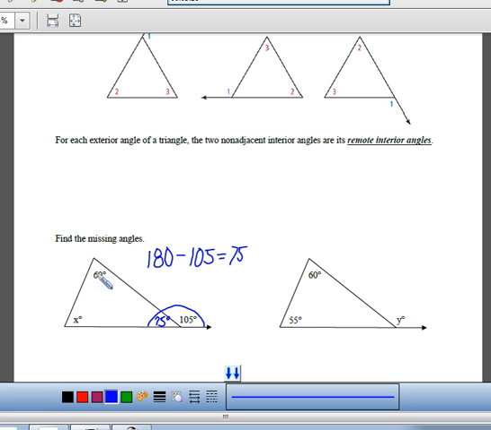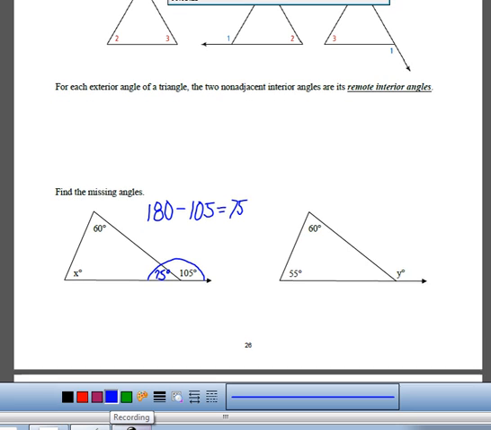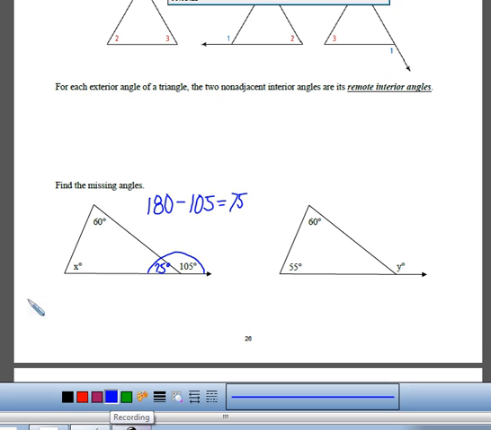So now I have 2 out of the 3 angles that I need to make the triangle. And of course, we all remember that the sum of the angles of a triangle equals 180. So 180 minus, if I add 60 and 75 together, will give me this missing angle.